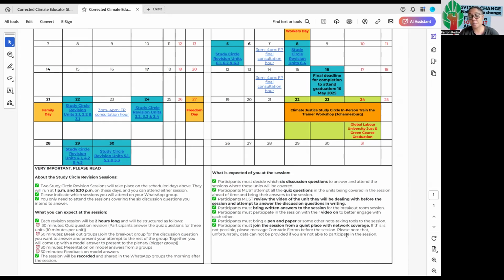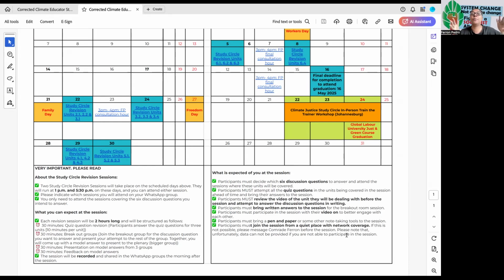I'm also asking that comrades bring a pen and paper to the session so that you can take notes, add any questions, or any points that you'd like to add to your model answer. Bring a pen and paper with you so that you can take those notes, and please make sure that you join the revision sessions from a quiet place with network coverage, so that you really are able to participate in the session.